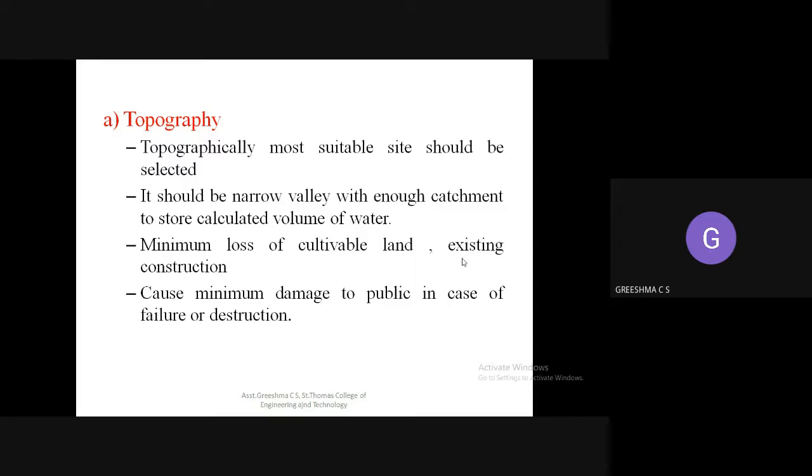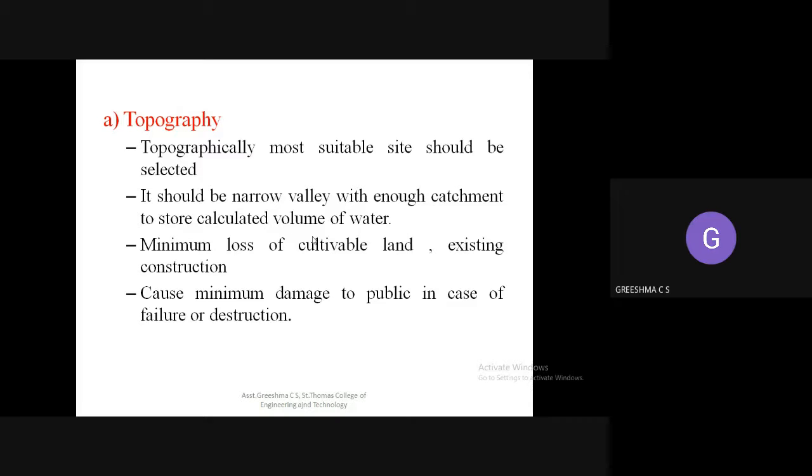The topography should be such that it has a narrow valley with enough catchment. Enough catchment means there should be the required amount of water to store the calculated volume. Maybe it is meant to carry 10 cubic meters, or 100 cubic meters.